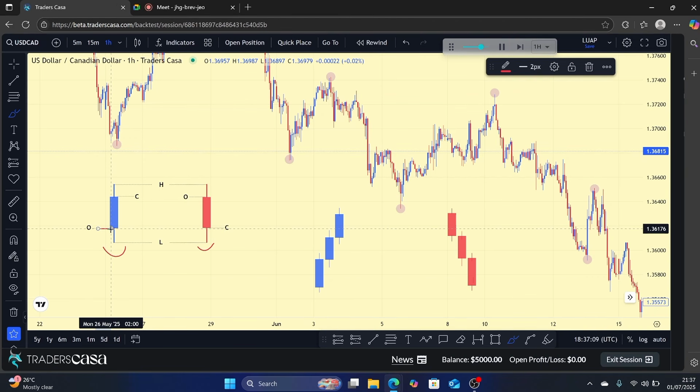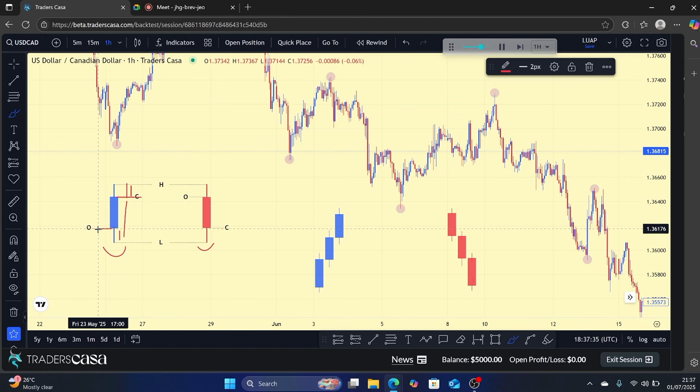I know you all know this. After that, price usually goes down, rejecting the downward force, and then goes all the way up to the highest price, and then comes back again to the closing area. So that's how it is.